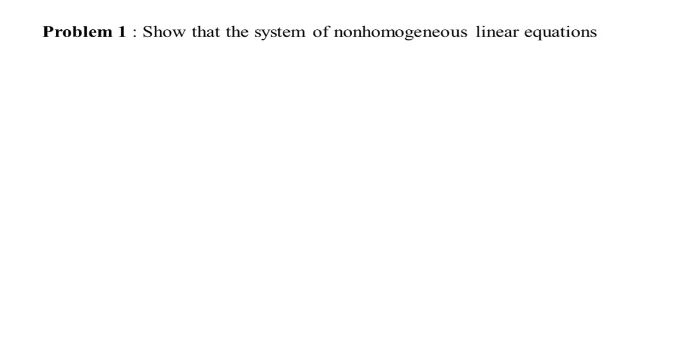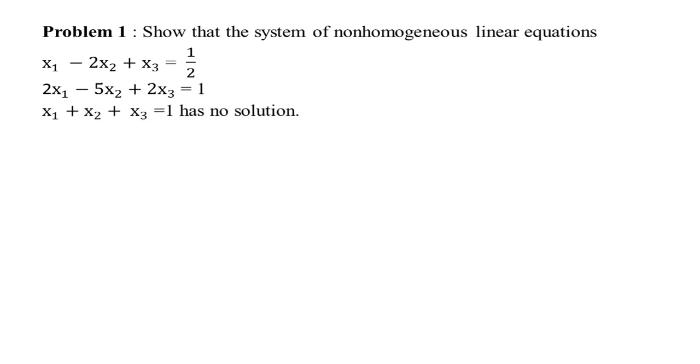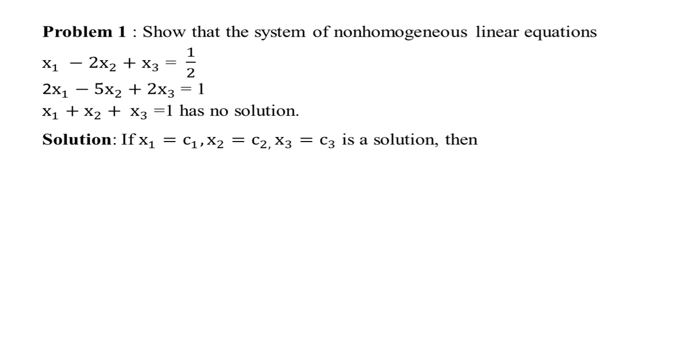Students, here we have a problem to show that the system of non-homogeneous linear equations x1 minus 2x2 plus x3 equal to half, 2x1 minus 5x2 plus 2x3 equal to 1, x1 plus x2 plus x3 equal to 1 has no solution. Solution: if x1 equal to c1, x2 equal to c2, x3 equal to c3 is a solution, then we substitute these values in this system of equations.